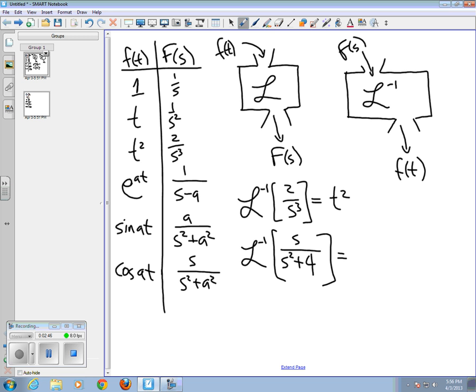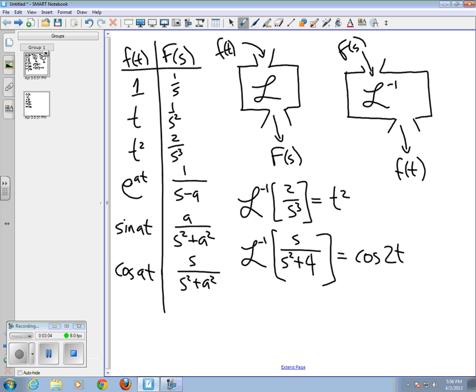So this would give us that the inverse Laplace transform would be a cosine, the cosine of 2t. Now, one thing you might notice is that we could actually get s squared plus 4 if a was -2 as well.